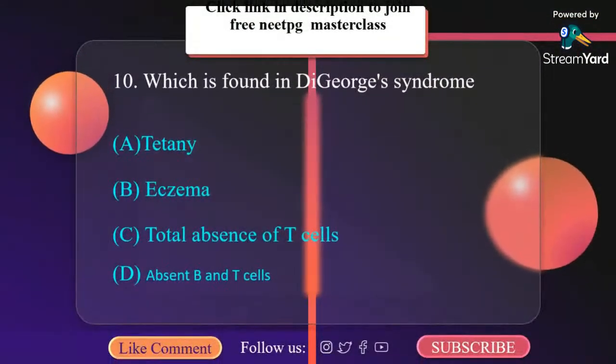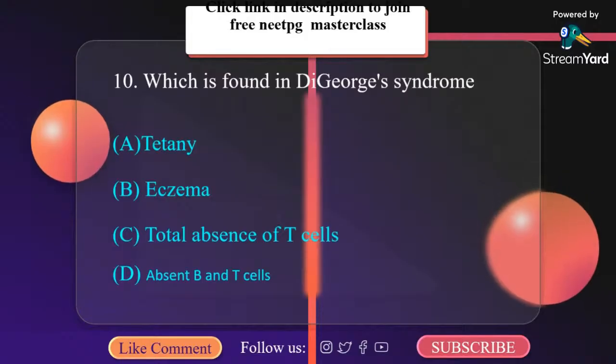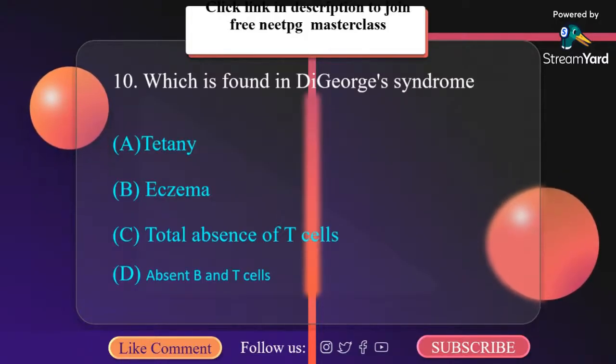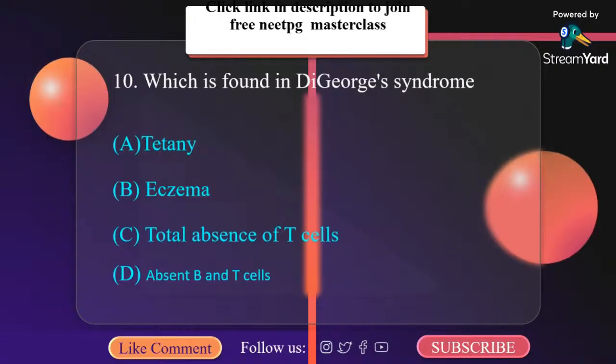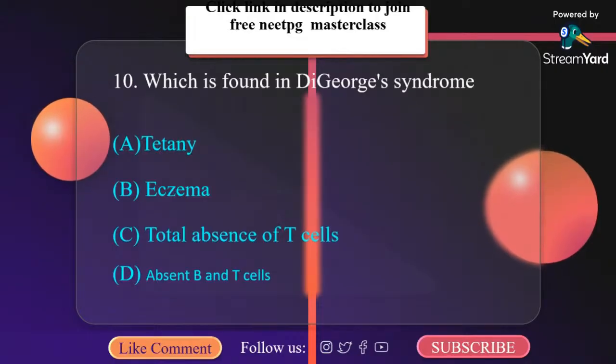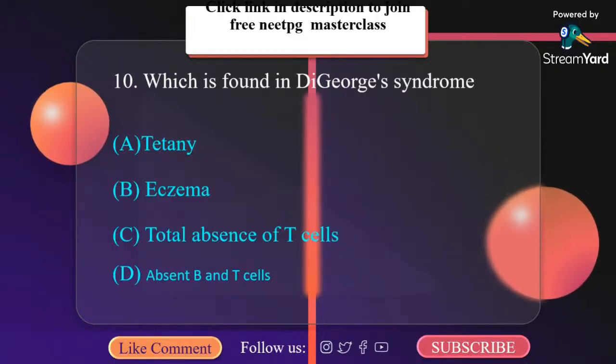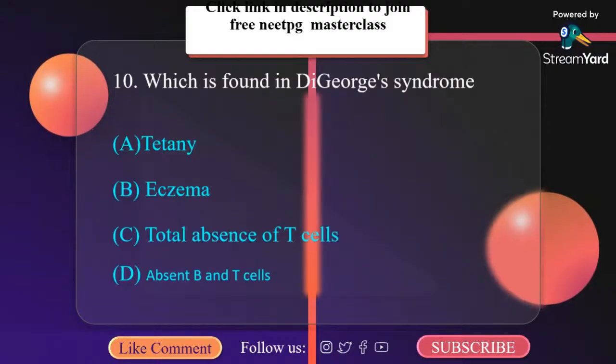Which is found in DiGeorge syndrome? A. Tetany, B. Eczema, C. Total absence of T cells, D. Absent B and T cells. It is tetany.